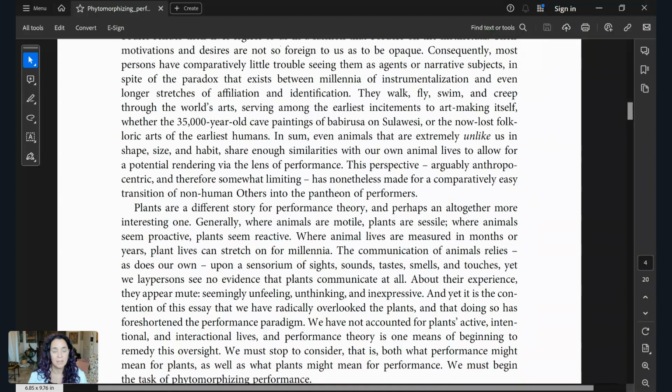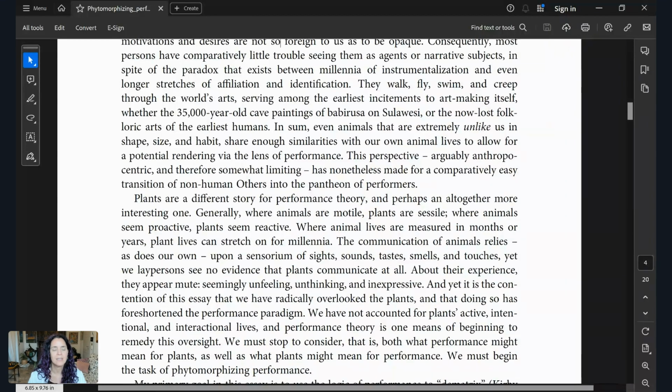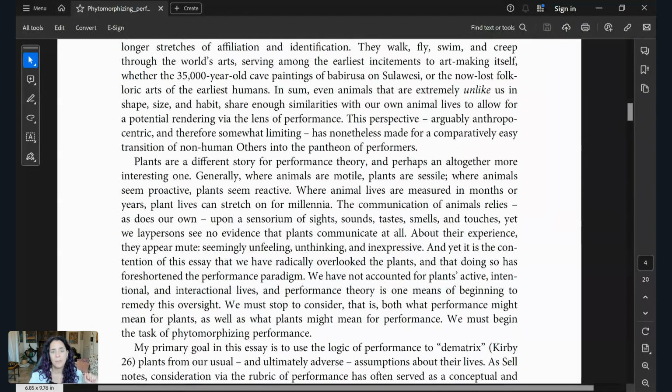Consequently, most human persons have comparatively little trouble seeing them as agents or narrative subjects, in spite of the paradox that exists between millennia of instrumentalization and even longer stretches of affiliation and identification. They walk, fly, swim, and creep through the world's arts, serving amongst the earliest incitements to art making itself, whether the 35,000-year-old cave painting of Babirusa on Sulawesi or the now lost folkloric arts of the earliest humans.